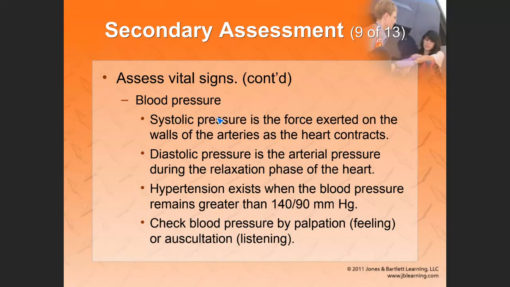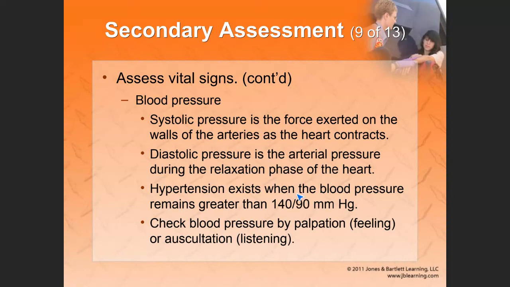And the systolic pressure is a representation of ventricular contraction. So it's when the ventricles contract and the blood is pushed out of the ventricles, we get the systolic pressure when the ventricles contract.